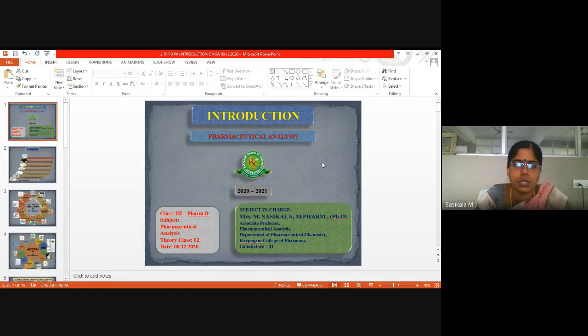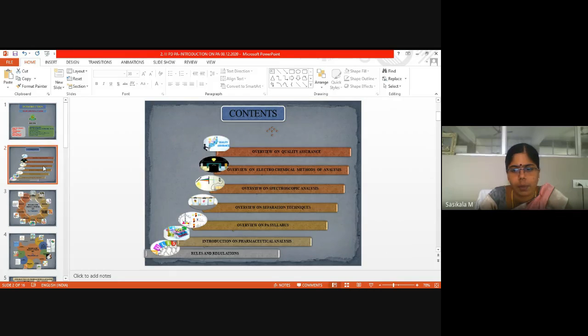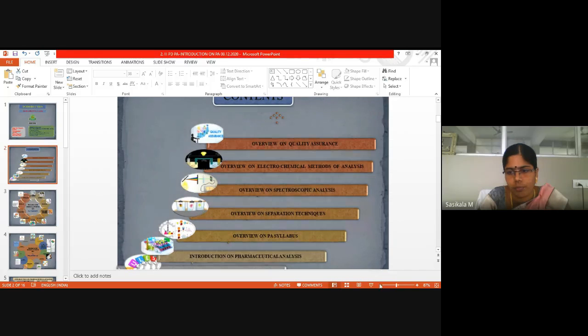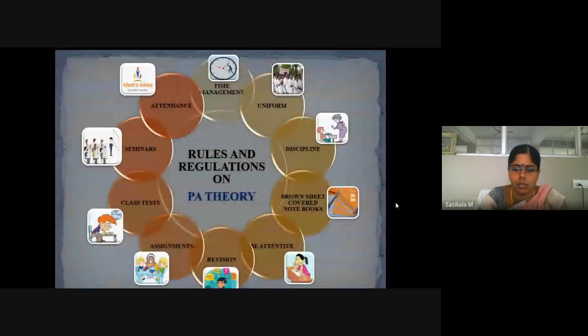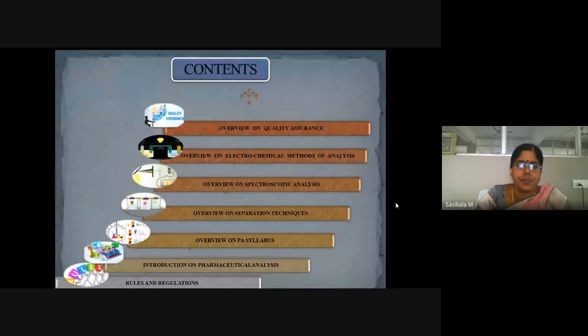Let's move on to the introduction on pharmaceutical analysis now. First, we are going to look, from the bottom of the slide, at the rules and regulations on the subject.